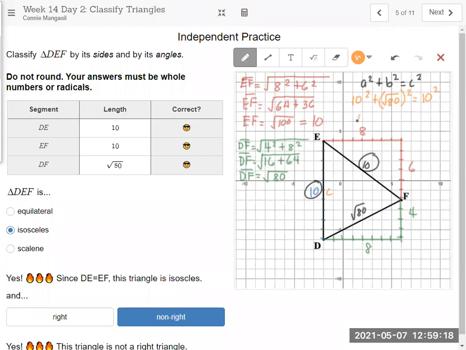So 10 squared is 100. Square root of 80 squared, again, the square root and the squared will cancel out. So that gives you 80. 10 squared again is 100, right? So if you add 100 plus 80, you get 180. And we know that 180 is not equal to 100. So the Pythagorean theorem is not satisfied. Therefore, this is not a right triangle.